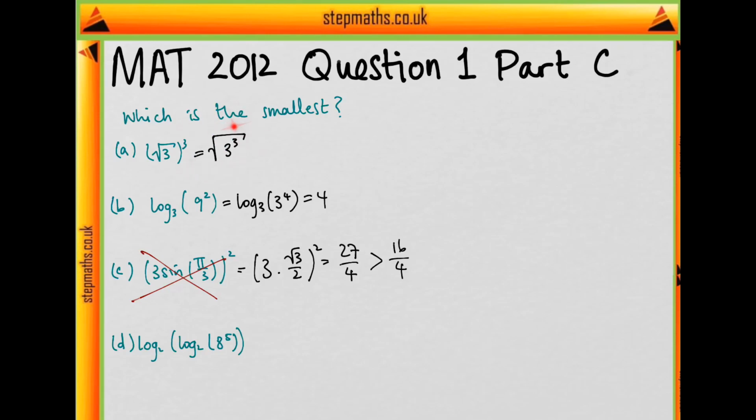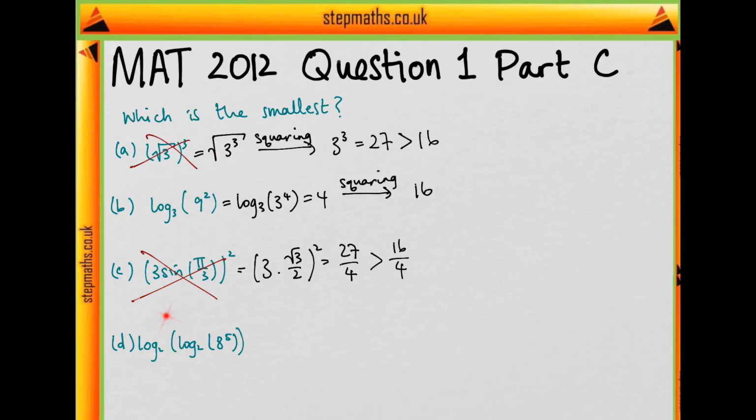And so if I square this, then I'm just going to get 3 cubed, which is equal to 27. And if I square 4, then I'm going to, of course, get 16. And we see that 27 is bigger than 16, right? So we know that this can't be the smallest either. So we get rid of A.